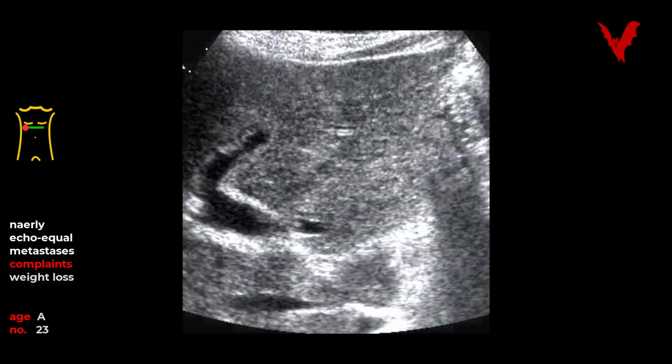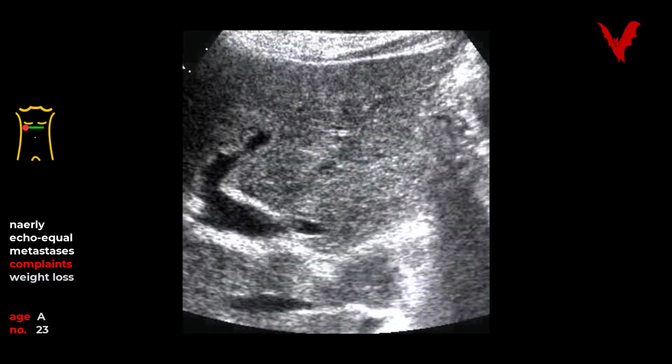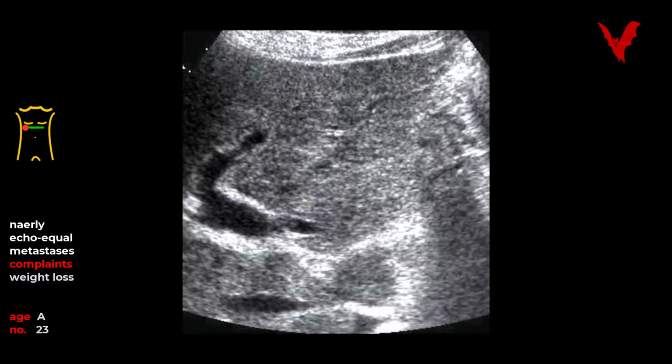Years prior to this finding, in figure 23, an operated mamma carcinoma was found.